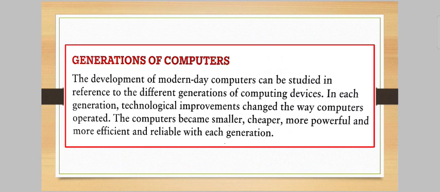Generation of computers means the development of the modern day computer can be studied in reference to different generations of computer devices. In each generation, technological improvement changed the way the computer operated. The computer became smaller, cheaper, more powerful, more efficient and reliable with each generation.